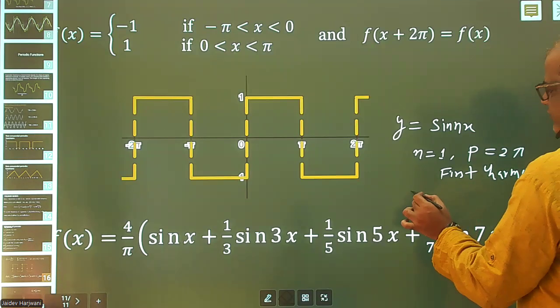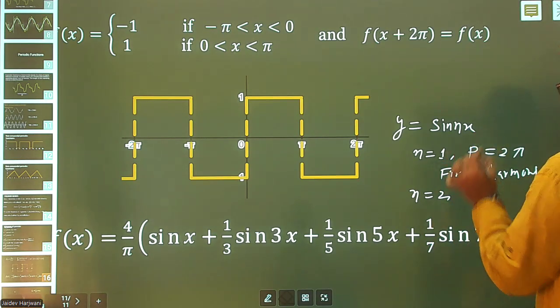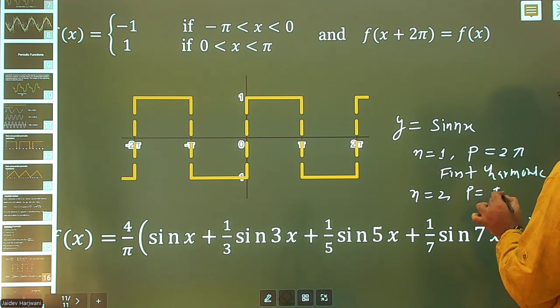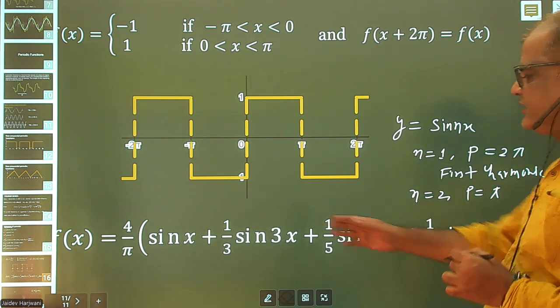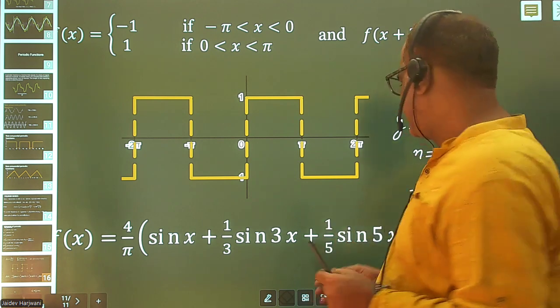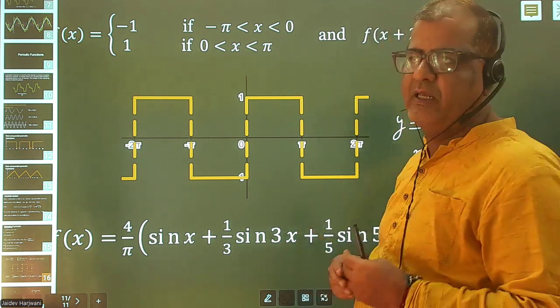Similarly, if you have n equal to 2, then your period will become pi, and this will be your second harmonic. Similarly, sin 3x is the third harmonic, sin 5x is the fifth harmonic.